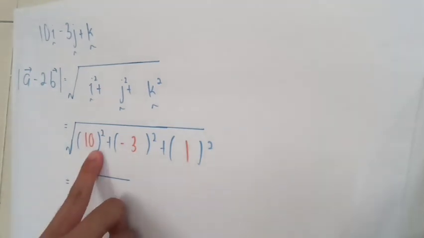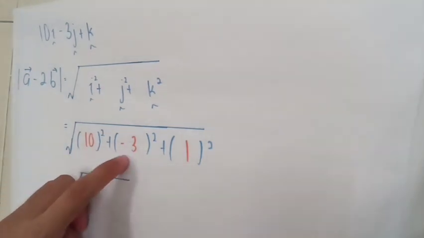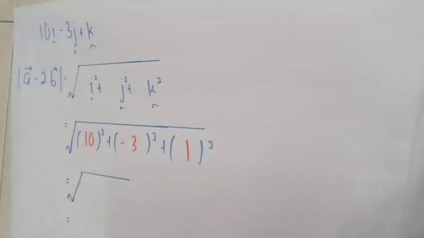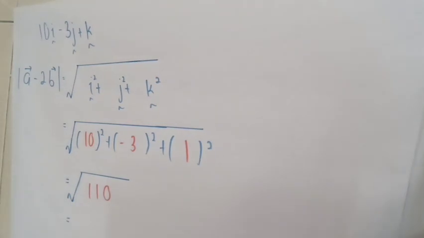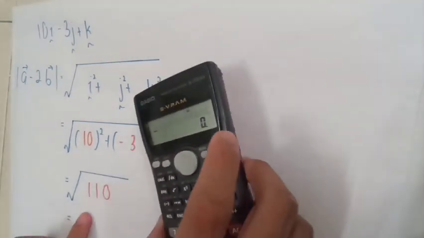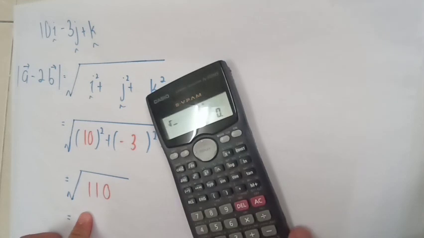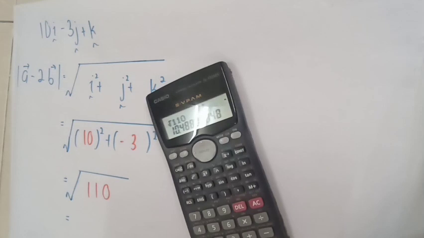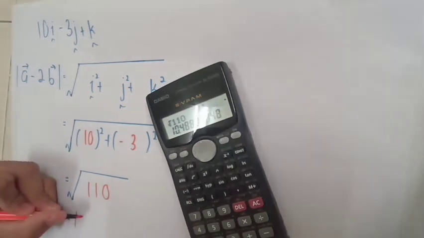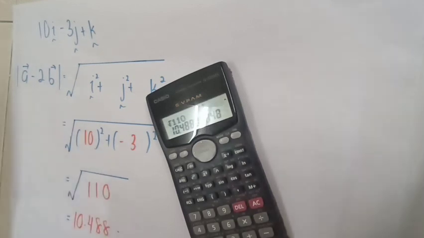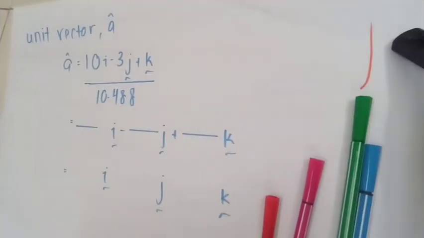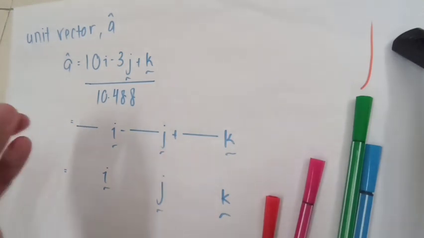So 10 square is 100 plus 9 plus 1, which adds up to 110. So the square root of 110 is 10.488.